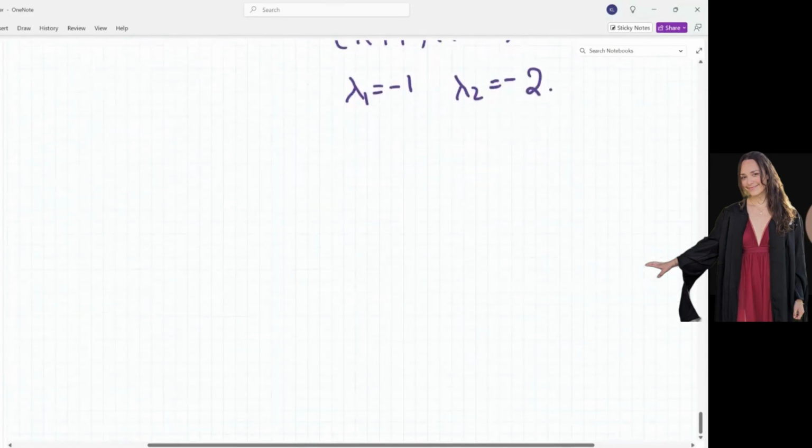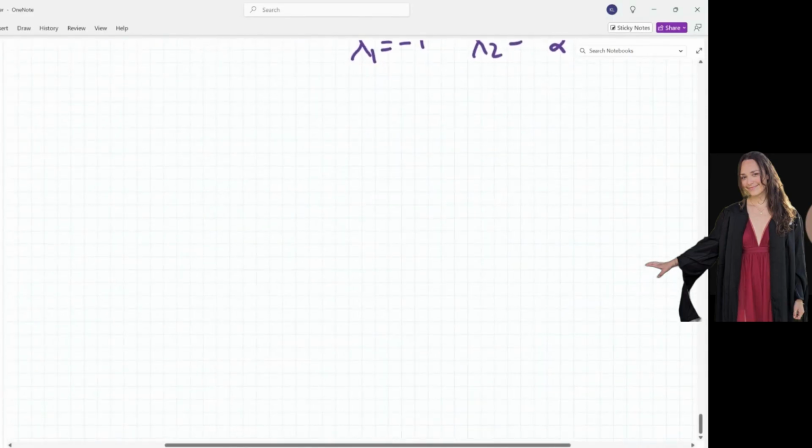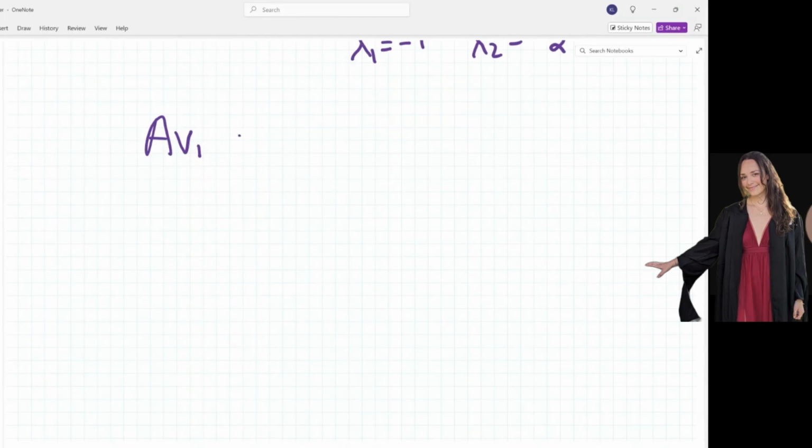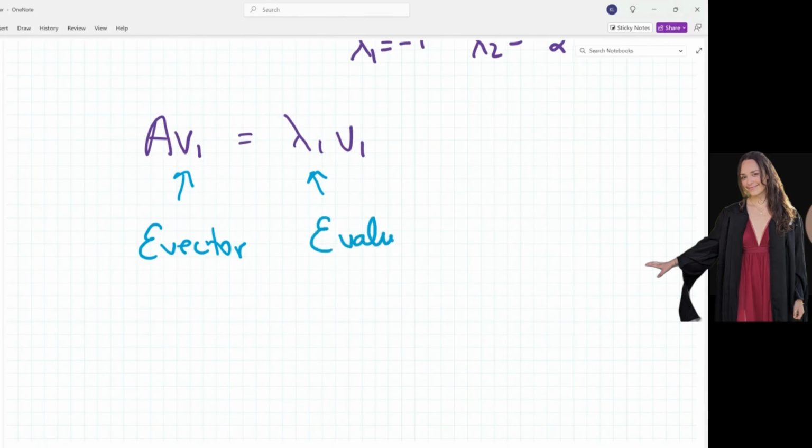I'm just going to show you the definition to find eigenvectors. You would take your matrix A, and then A v1 equals lambda 1 v1. In this case, v1 is your eigenvector, and lambda 1 is your eigenvalue number 1.